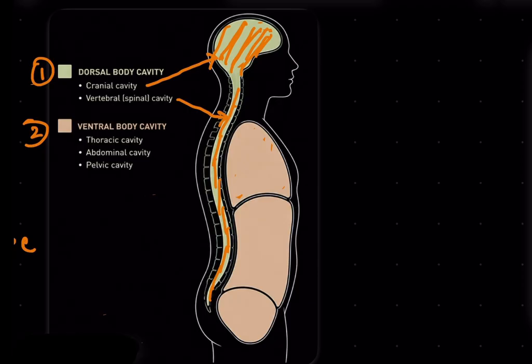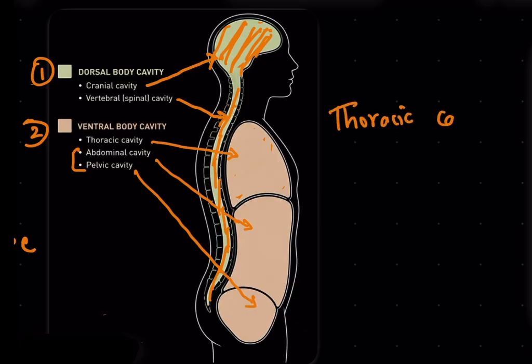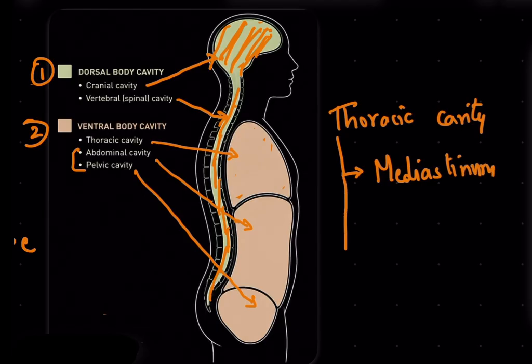The ventral body cavity is further subdivided into thoracic cavity, which is right here, and we have the abdominal cavity and the pelvic cavity. Abdominal and the pelvic cavities together are called abdominopelvic cavity. The thoracic cavity is further subdivided into mediastinum and the pleural cavity.